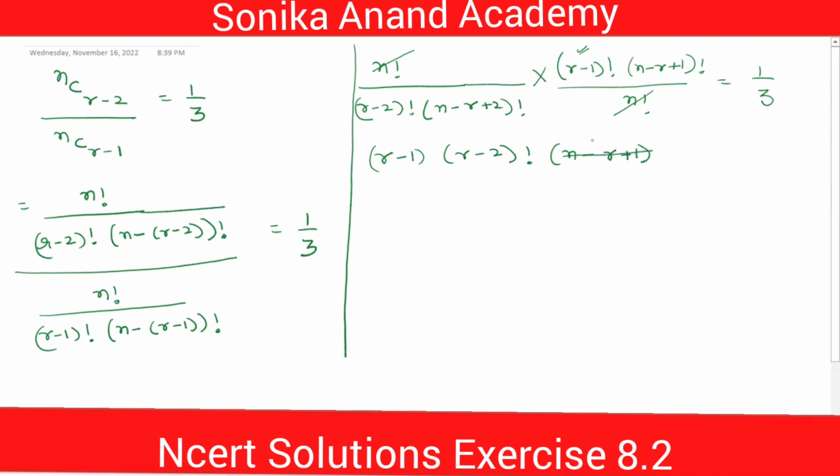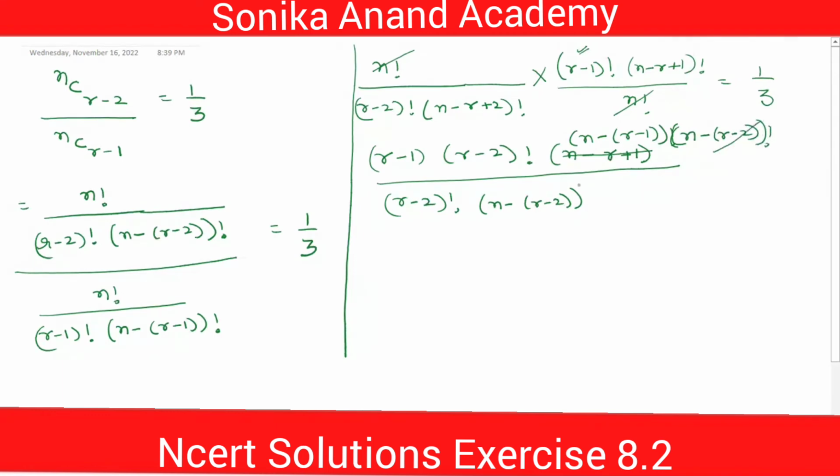If you go like this, n minus r minus 1 factorial. So similarly over here we have r minus 2 factorial, n minus r minus 2. So here it is n minus r minus 2 factorial. It is cut.